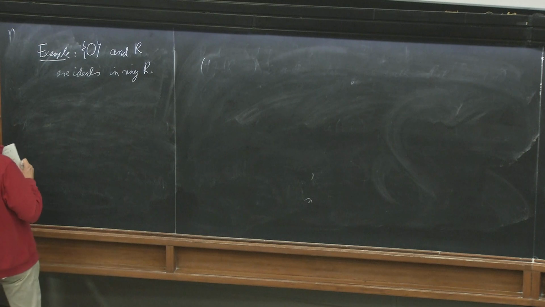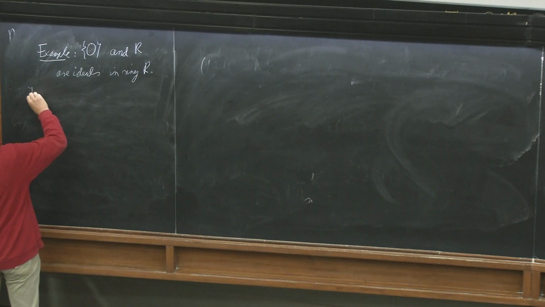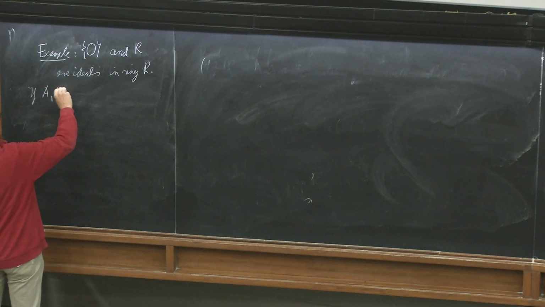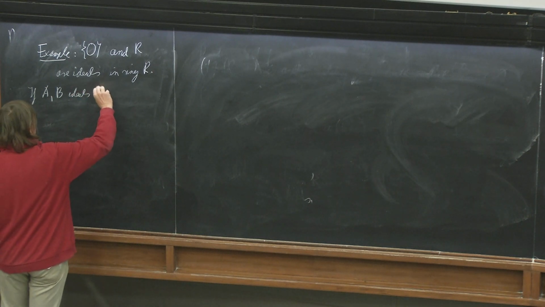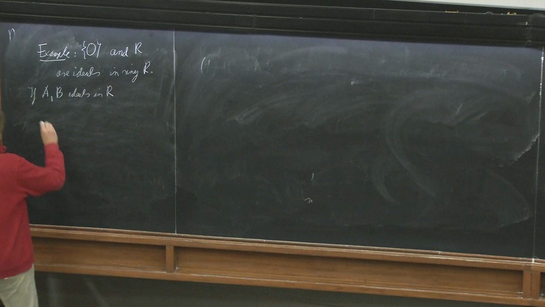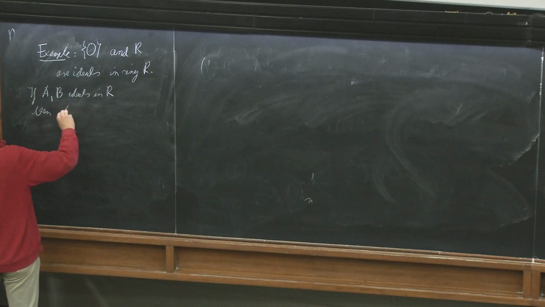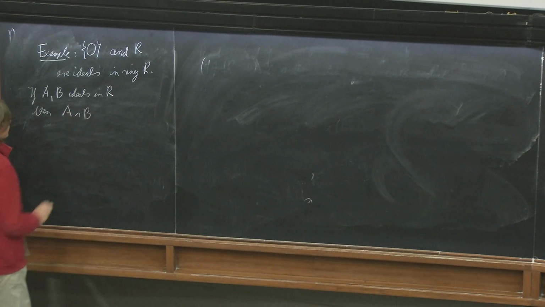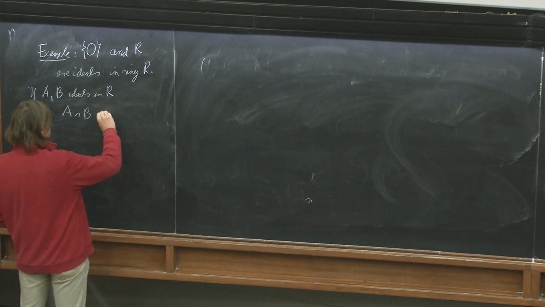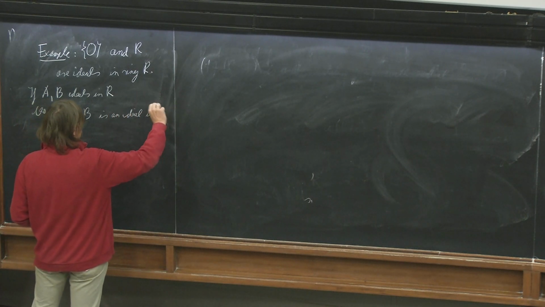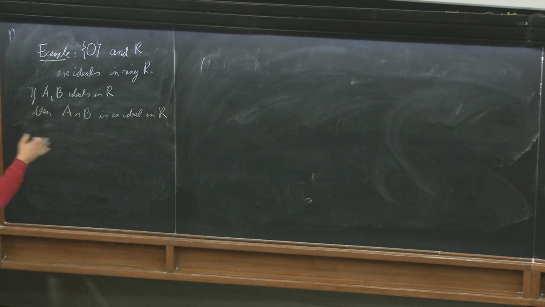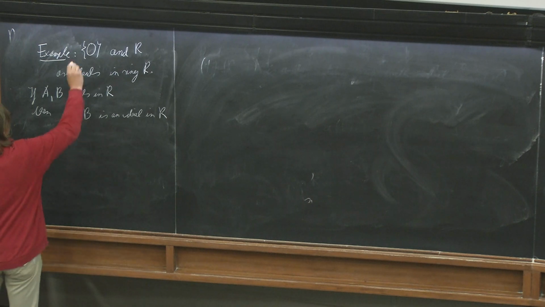If A and B are ideals, then the intersection is also an ideal. This follows directly from the definition; if you just look at what it means, it's directly obvious.